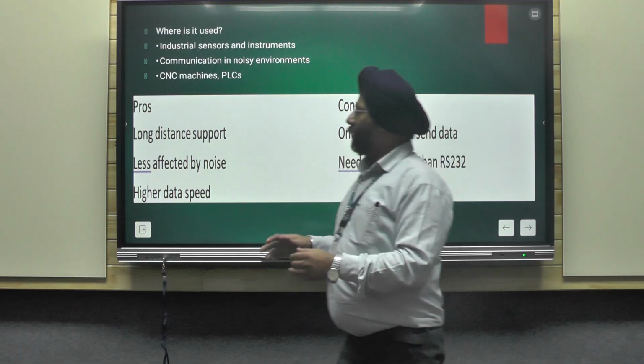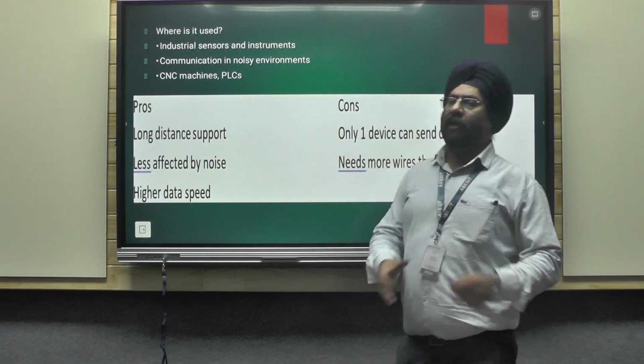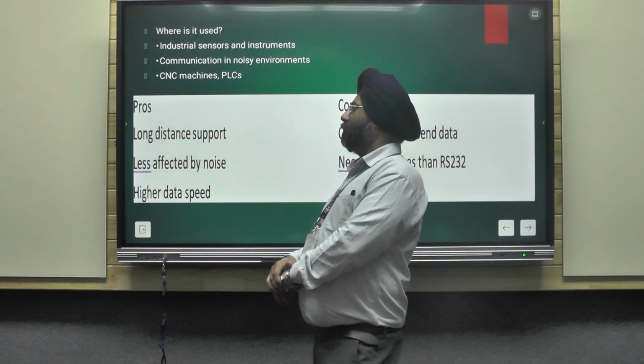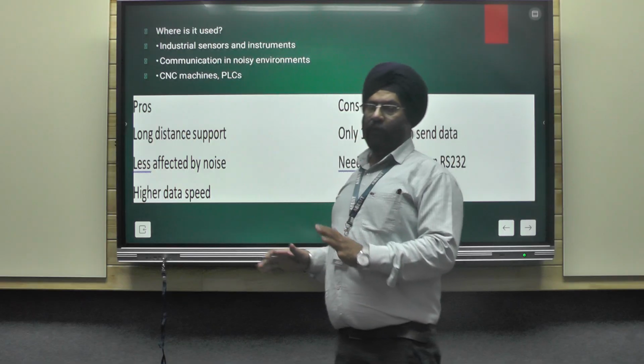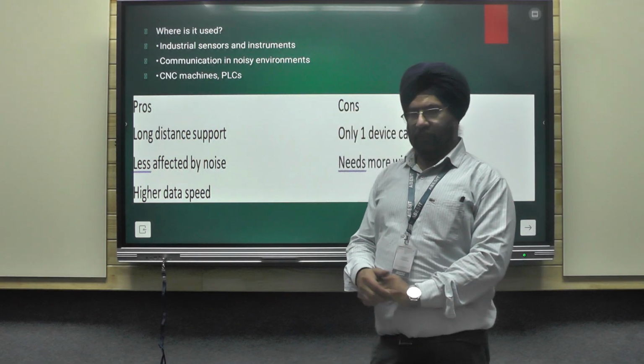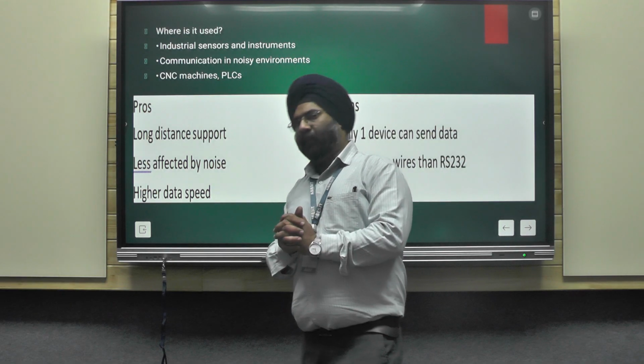Where it is used, what is the benefit? Long distance support. Earlier the support was up to 15 meter, now it can cover a distance of 1200 to 1500 meter. Less affected by noise. The first one, RS232, has more noise.